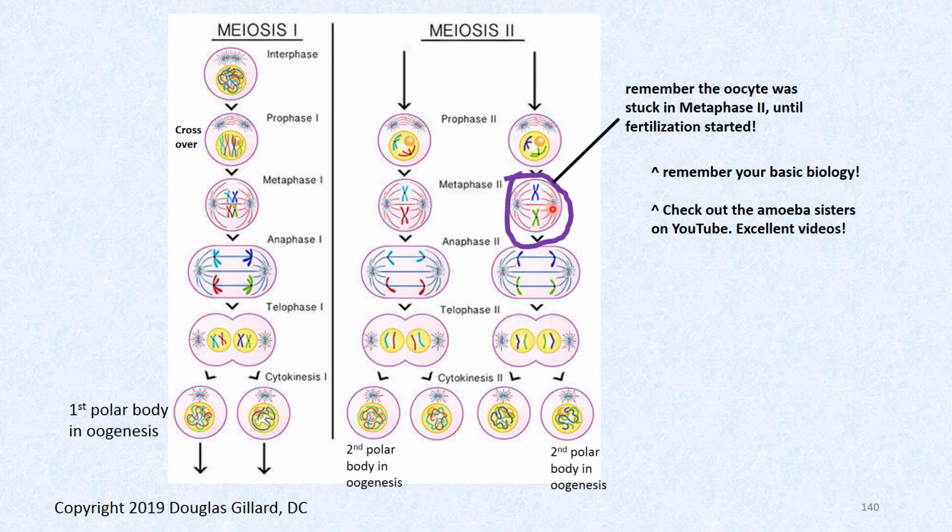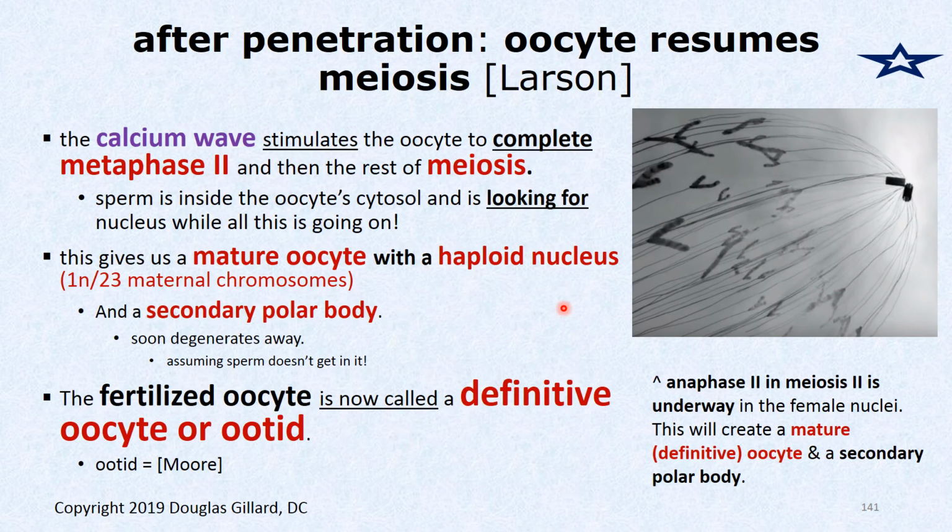And we went through anaphase 2, telophase 2, cytokinesis, and we got ourselves 2 new creatures from one creature. We got another, but this is the polar body, right? But now we have a mature nucleus, whereas this part we didn't. All right, so make sure you know that stuff.